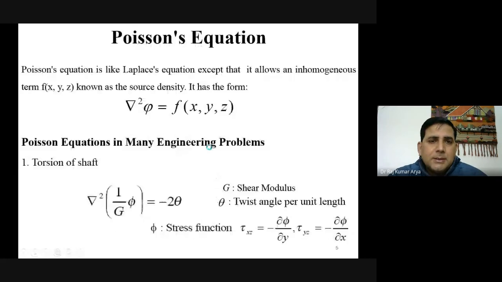And then you have another form of equation that is called the Poisson equation. So the Poisson equation is given by this. So these are some typical examples of equations.